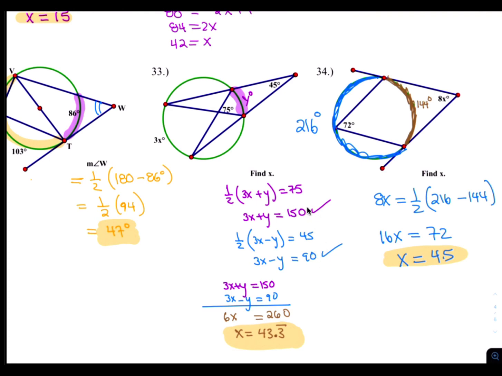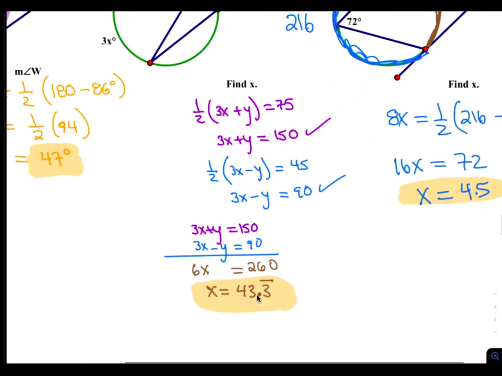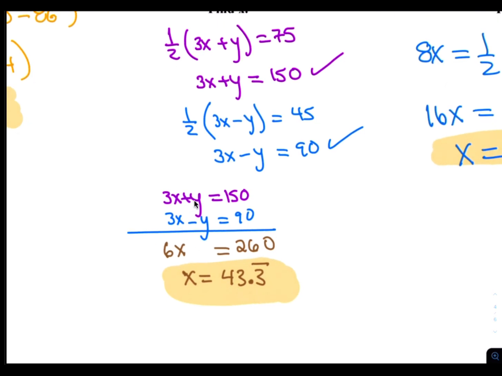We're going to put these two equations together and solve that system of equations. So down here, we have that 3x plus y is 150 and 3x minus y is 90. We can add these two equations and the y's cancel out, giving us 6 times x equals 240. Dividing by 6, we get x is 43.3.